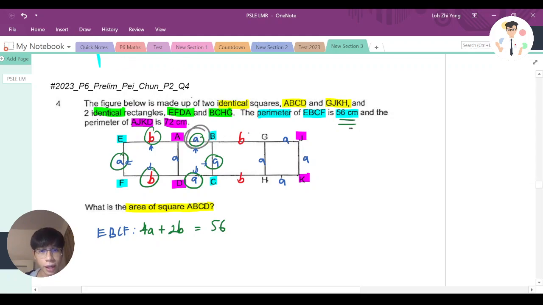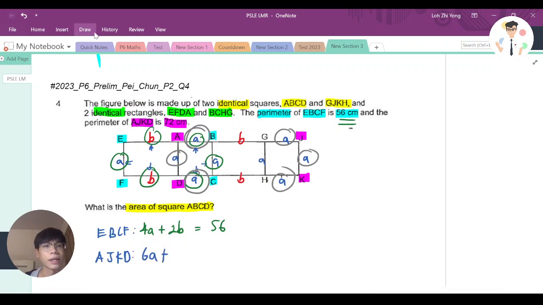AJKD is A, 1, 2, 3, 4, 5, 6. So you can say that AJKD involves 6A and how many B? It's kind of obvious, it's 2B. So plus 2B. And that's equal to 72.